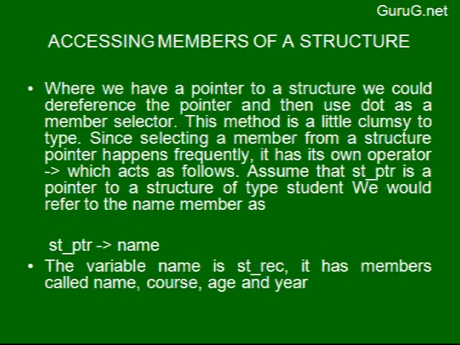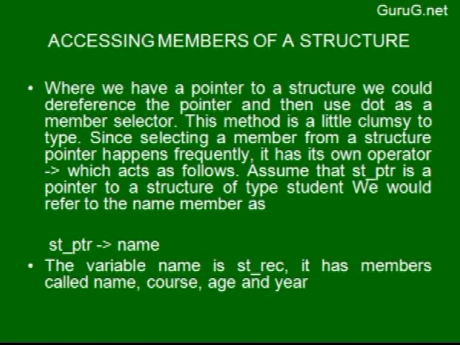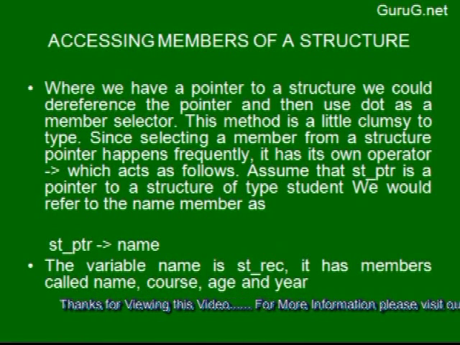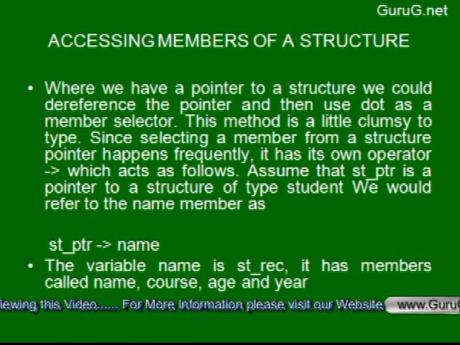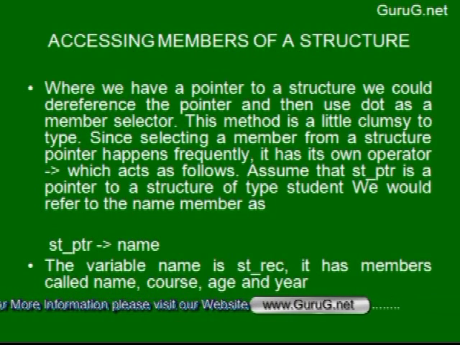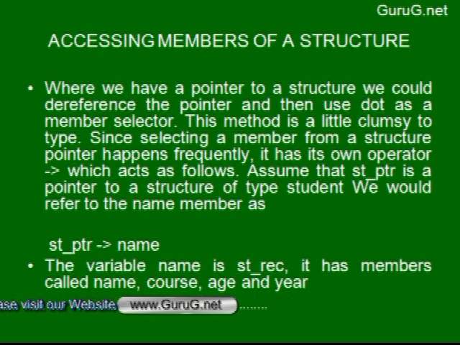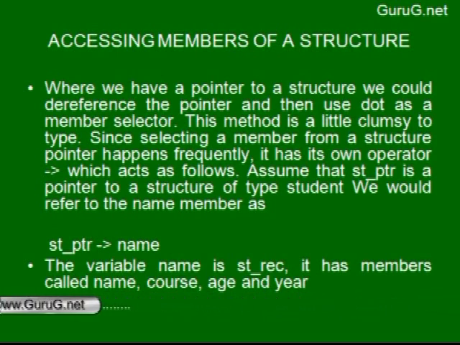So if you have a pointer to a structure, that is the reference variable, then you need to use the arrow operator, and you can access name and the other data members which are required. Those variables that are available in your structure are called data members.